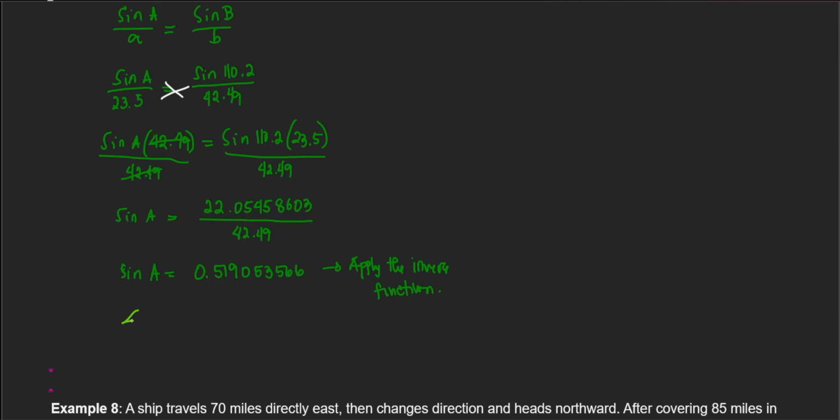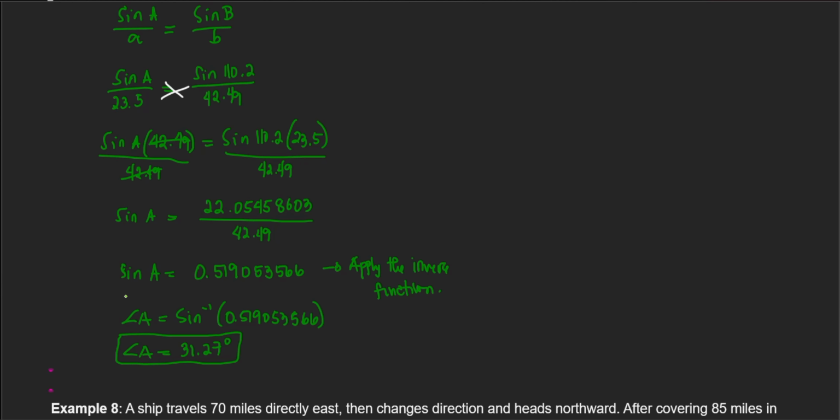So angle A is equal to sine -1, then 0.519053566. So angle A natin is equal to, same pa din, input, then answer, then yung result natin is equal to 31.27 degree.